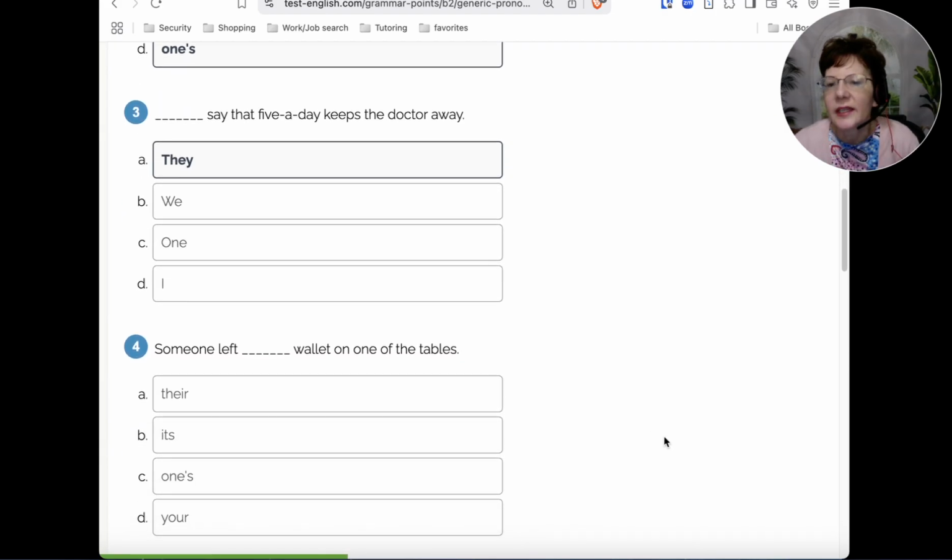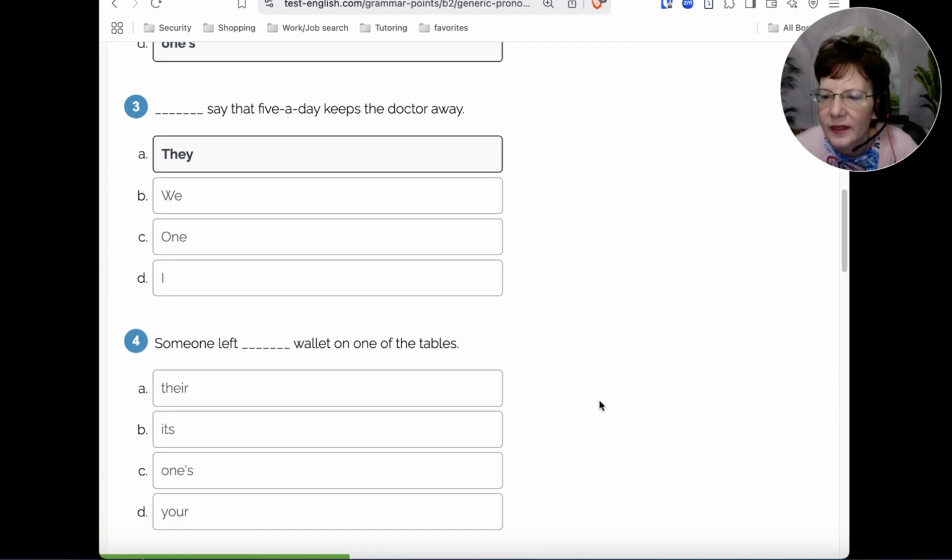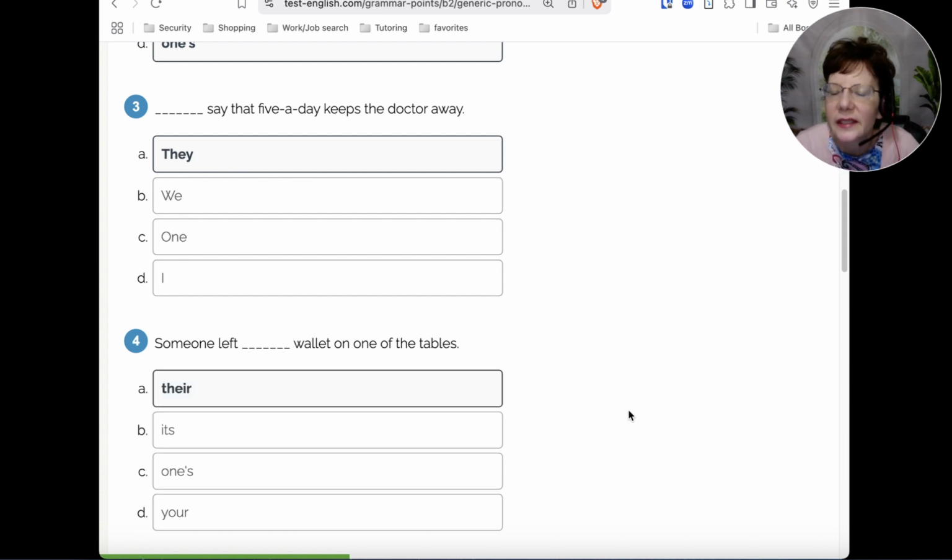Okay, someone left their, its, one's, or your wallet on one of the tables. Okay, so, all right, so if you chose option A, there, that would be correct. So we can use these for a singular reference.